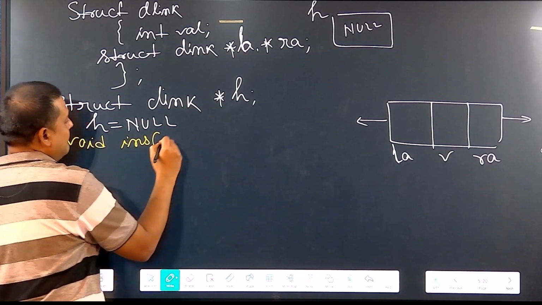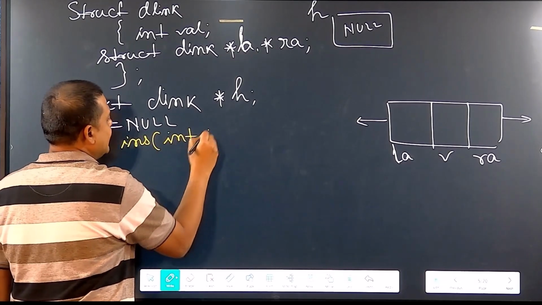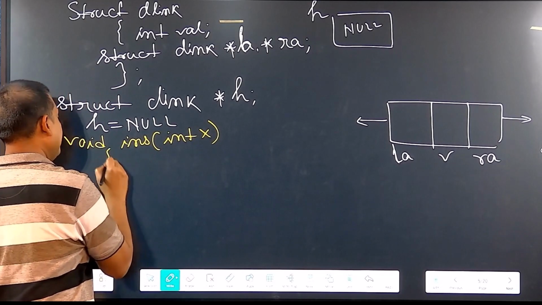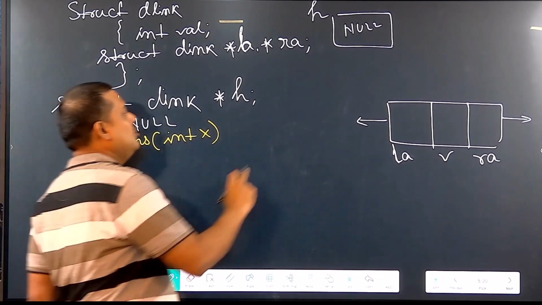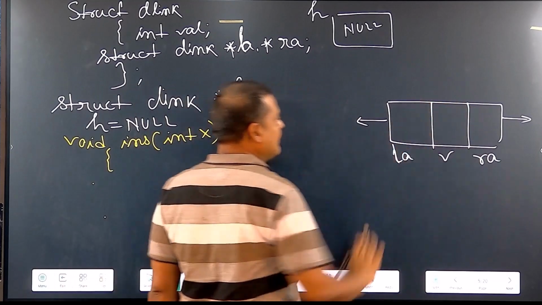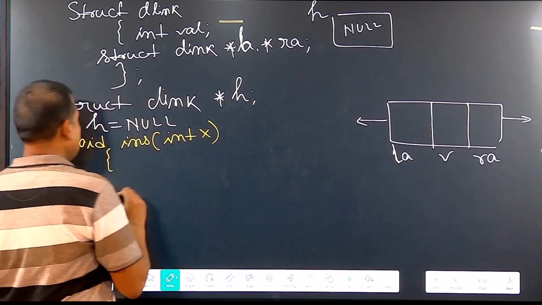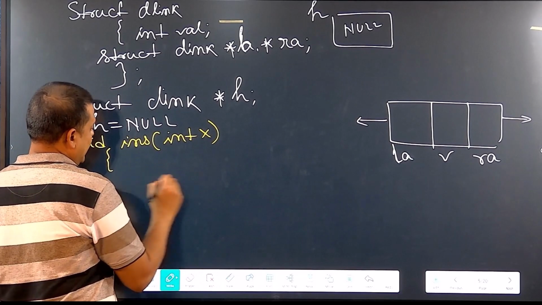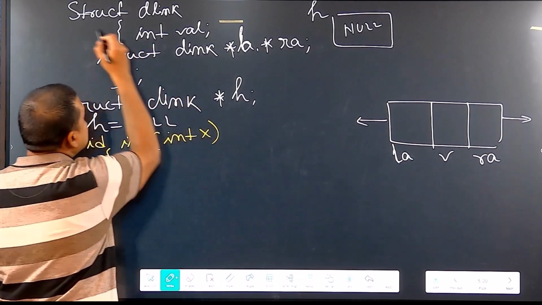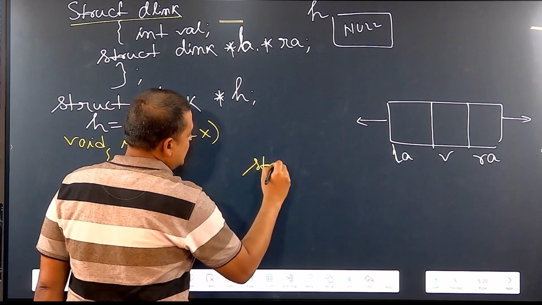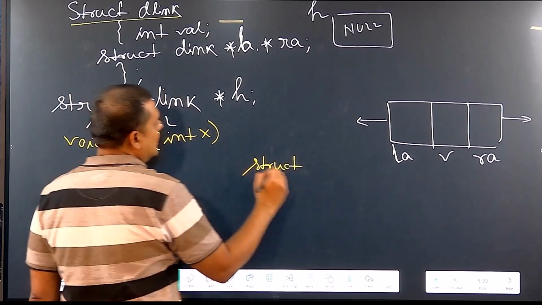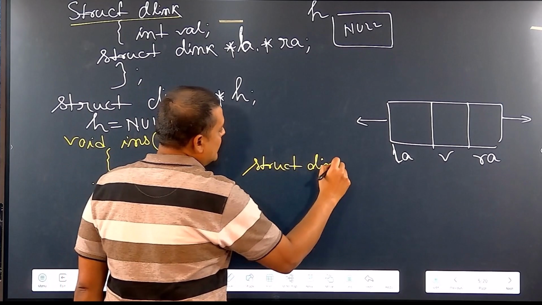Here I am trying to insert some variable, that is x. Initially, I will create a node like this, I will allocate some such type of place. So, I will use this data type: struct D link.